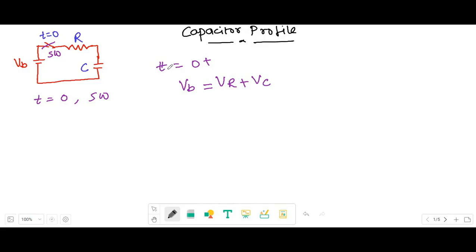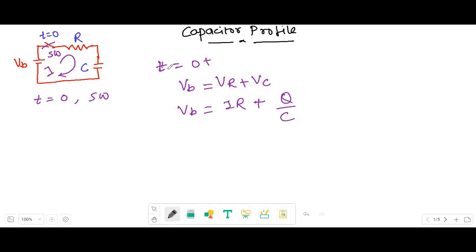VR is going to be I into R, if the current flowing on this loop is I. And VC is going to be Q divided by C. The voltage across the capacitor is the charge divided by the capacitance value. We know that.